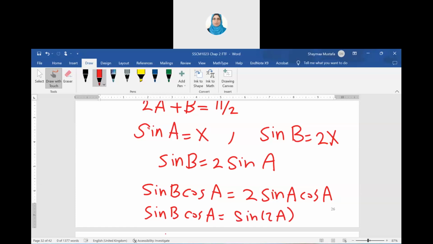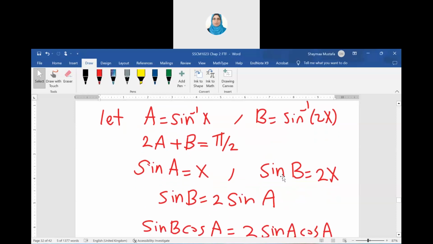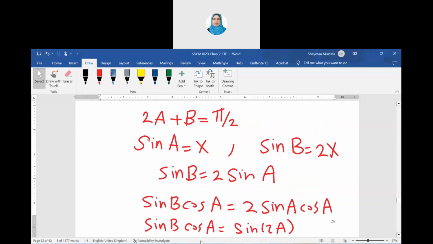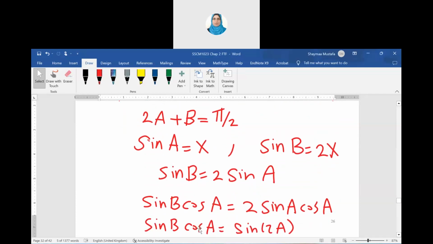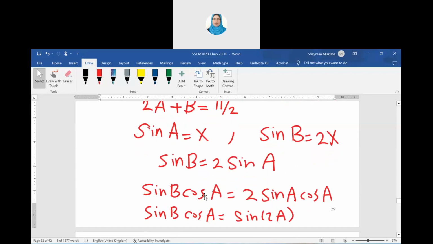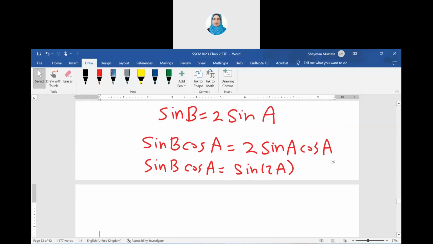So sine b is equal to x, we know it. Now I need to know the value of cos a and sine 2a.